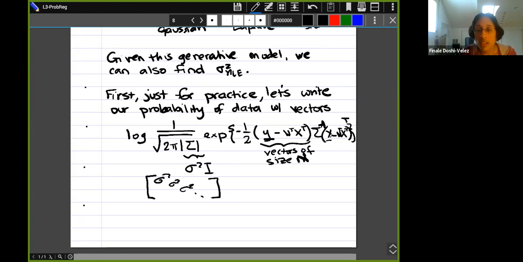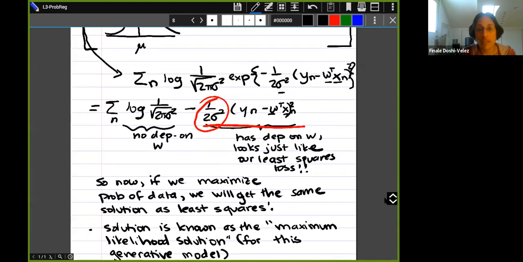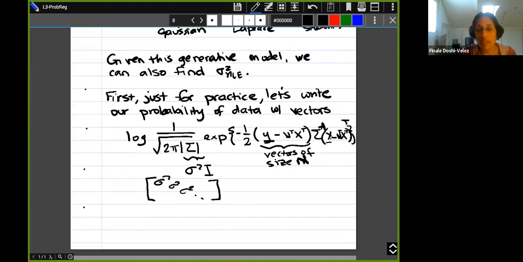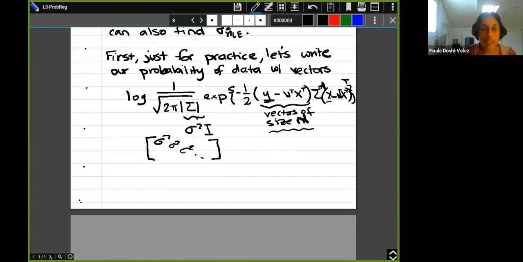So just looking at this, we can see that it's the same thing as the expression above. When we take the determinant, we're just going to end up with multiple copies of this sigma squared. And over here, when we take the inverse of this covariance matrix, we're going to end up with a 1 over sigma squared for every one of our data points, which is exactly how we want it.